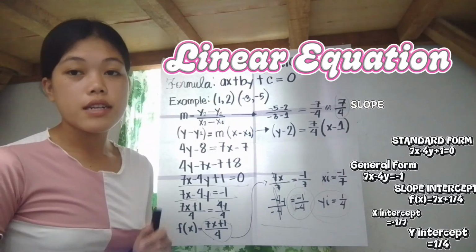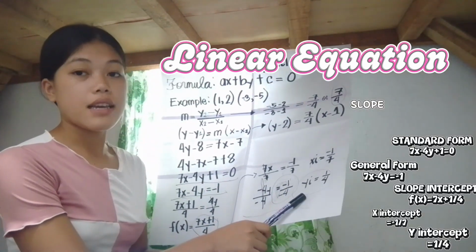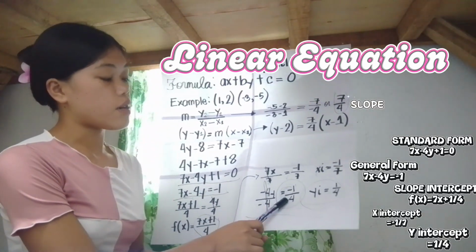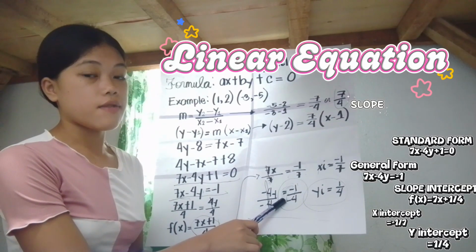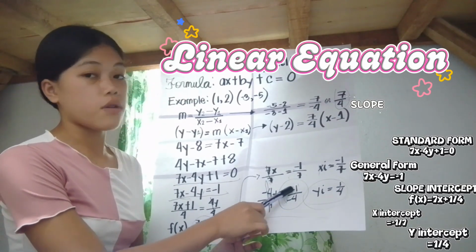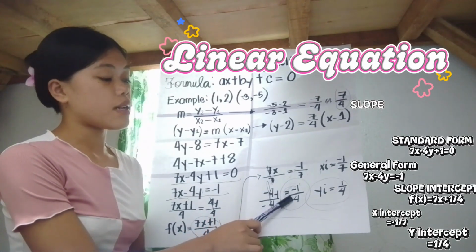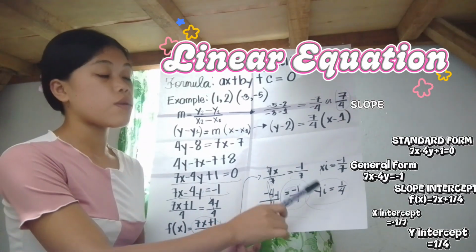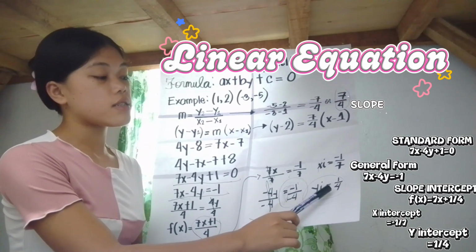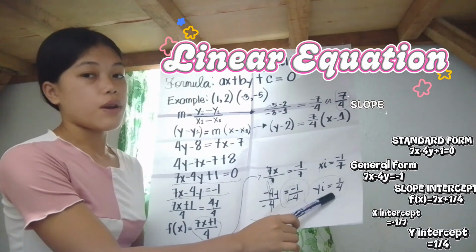If you are wondering why our y-intercept here is positive and our x-intercept is negative, it's because we divide both sides, and negative divided by negative becomes positive. Therefore, our y-intercept is positive 1/4.